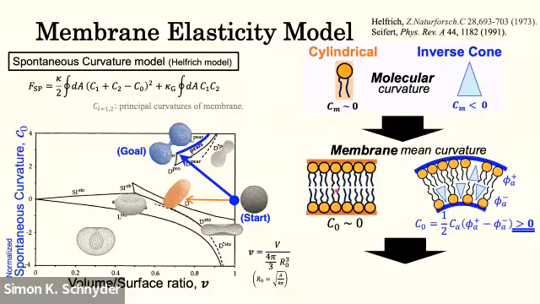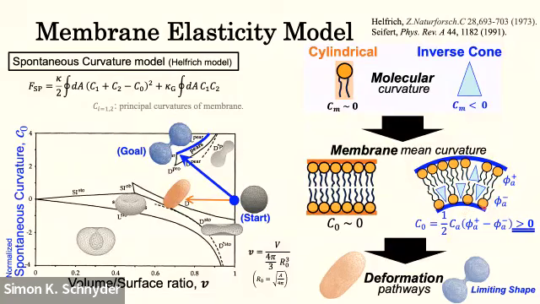But when we introduce a second component, the inverse cone-shaped membrane molecules, to this cylindrical membrane molecule like this, the redistribution of the inverse cone-shaped membrane molecules can spontaneously generate a positive value of spontaneous curvature like this.